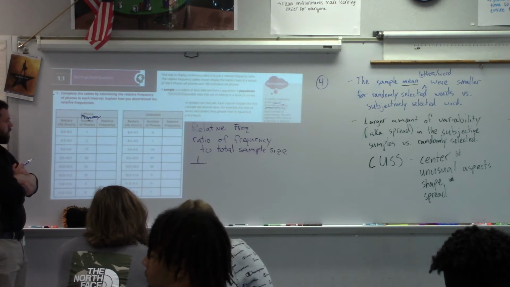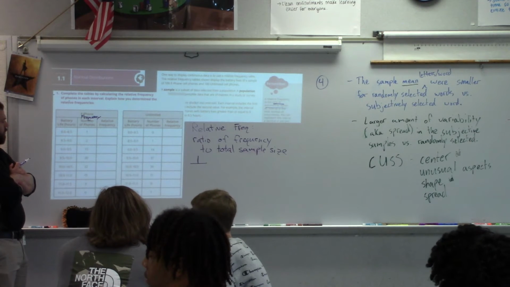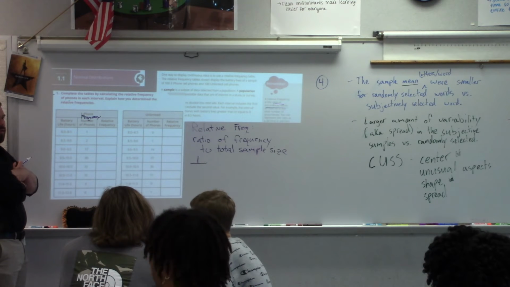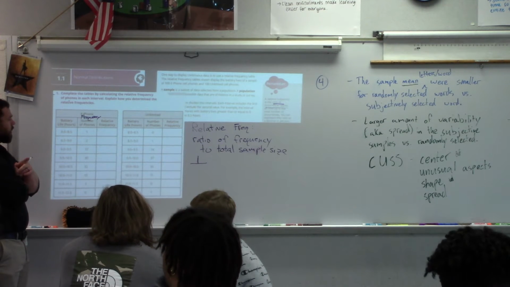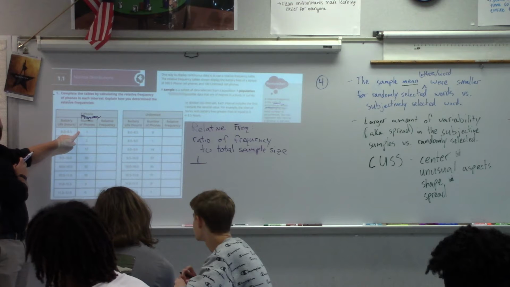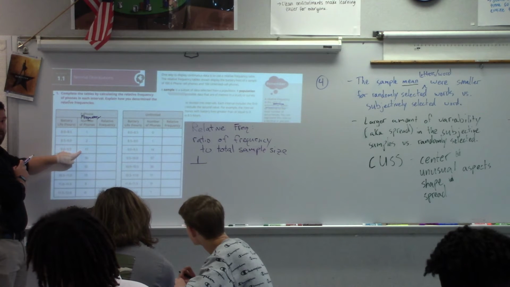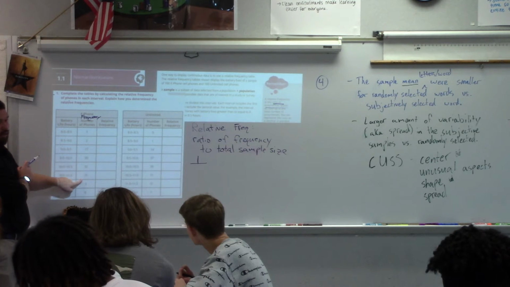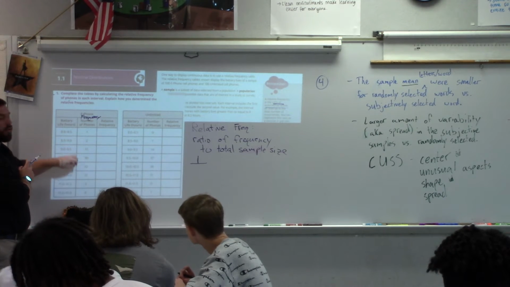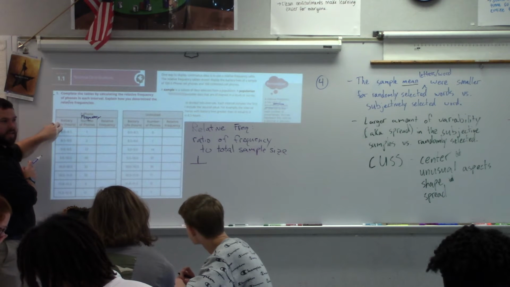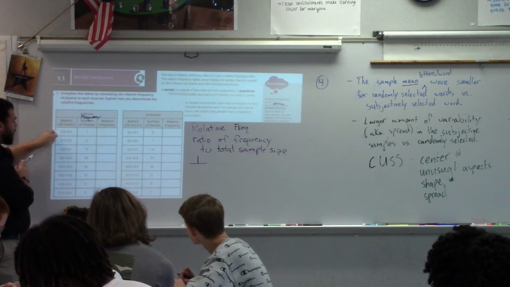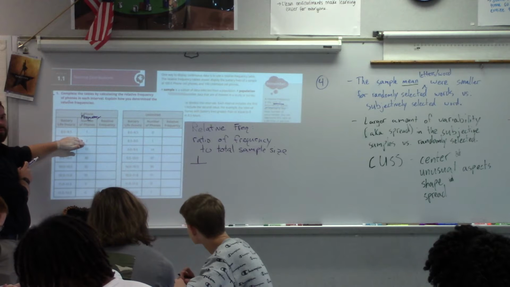Not 8. Let me point this out. There's 1 phone here, 2 more here, 17 here, 37, 30 here. You would add all of them together, right? If there's 1 phone that fits in this category and 2 more phones that fit in this category, that's a total of 3 phones.